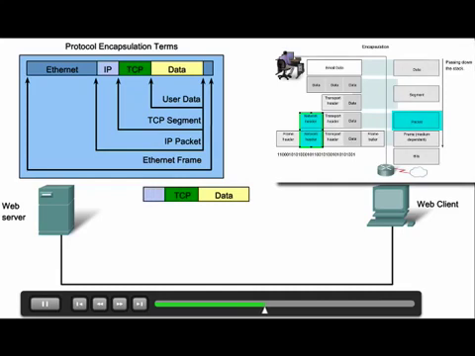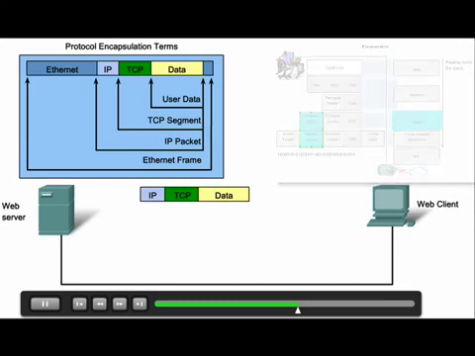The transport layer then sends the segment to the internet layer, where the Internet Protocol is used. Here, the entire TCP segment is encapsulated within an IP packet, which adds another label called the IP header. The IP header gives the packet traveling directions by adding source and destination host IP addresses.